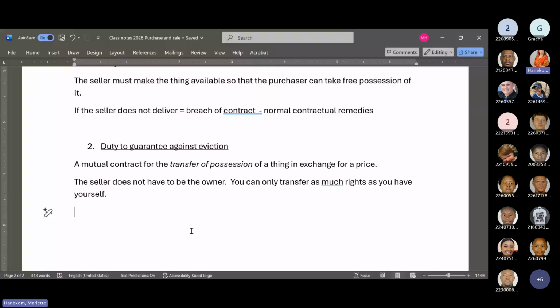I buy it because I want to become an owner. And yes, I totally agree. That is why you enter into a contract of purchase and sale. But as I said, ownership does not automatically pass with delivery.